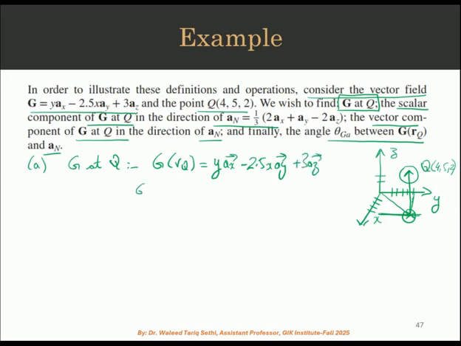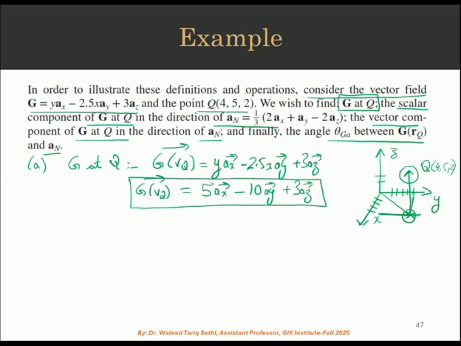So G at point Q, the vector form: what is y? y is 5, so I'll put 5 for the unit vector AX, minus 2.5 into 4, so it is going to be 10 AY unit vector, plus we don't have any z, so it will remain 3 AZ. So this is the value of G at position vector Q.